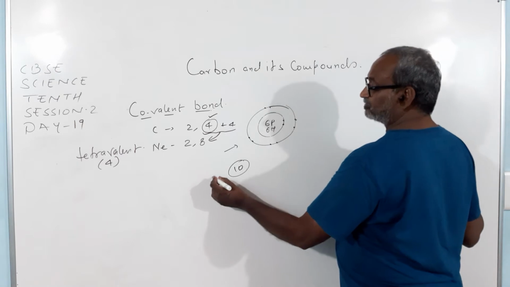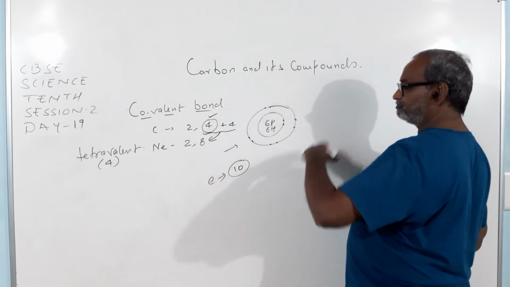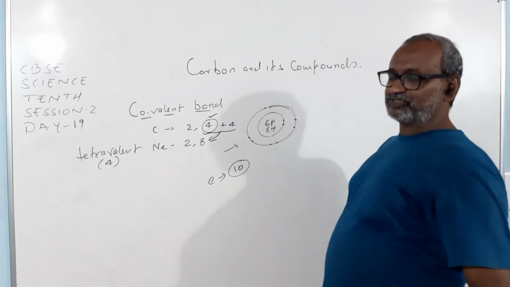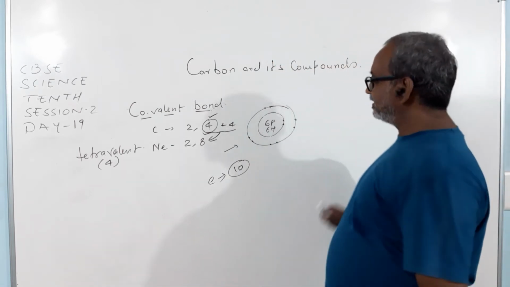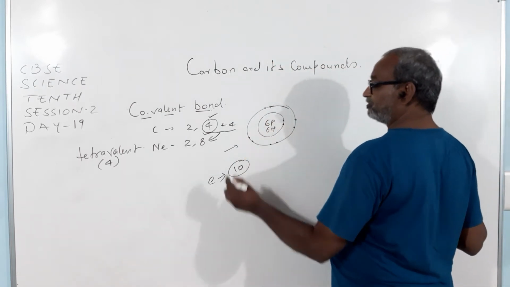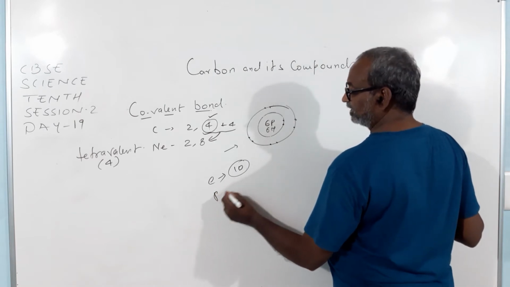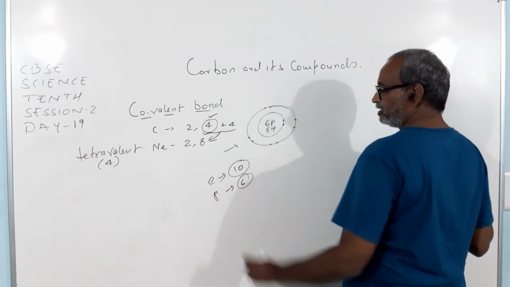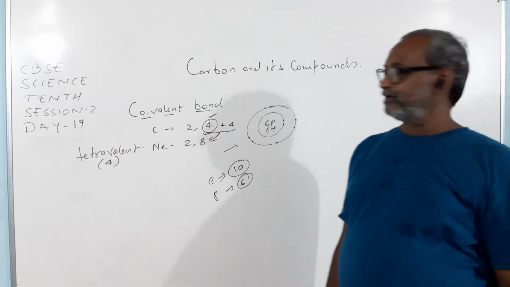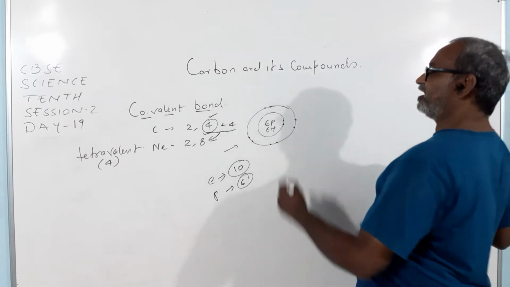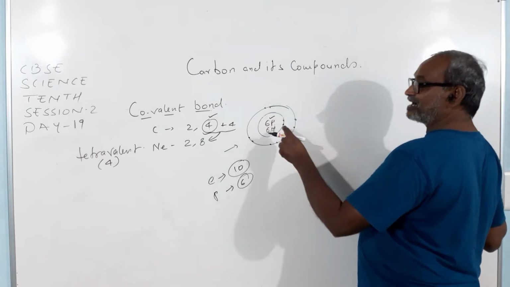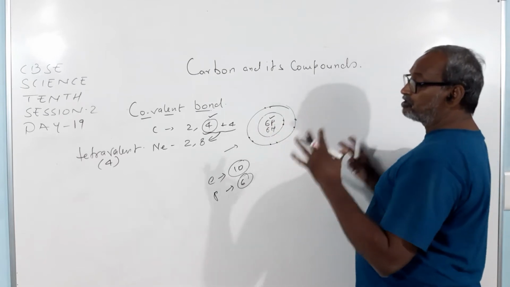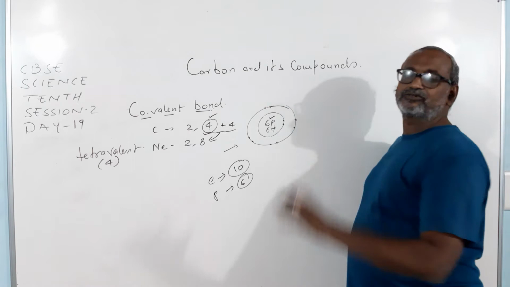So number of electrons orbiting in the extranuclear orbit is 10 and the number of protons in the nucleus is 6. Now you can see that it will be very, very difficult for 6 protons in the nucleus of the carbon atom to hold on 10 electrons.